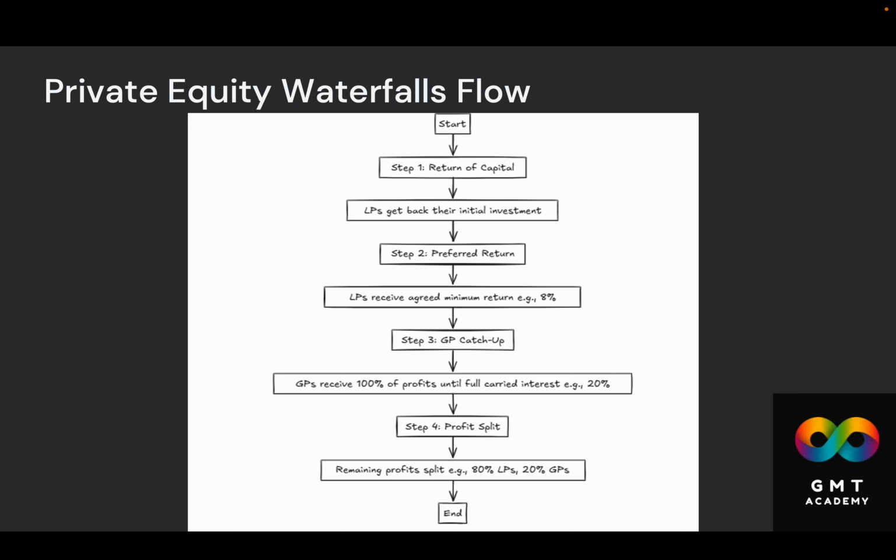The LP gets their investment returned first, whatever they invested, then they get a preferred return as well. So the LP, being the investor, gets a minimum of 8%. In every private equity firm there is a minimum percentage decided for the preferred interest that should be distributed.